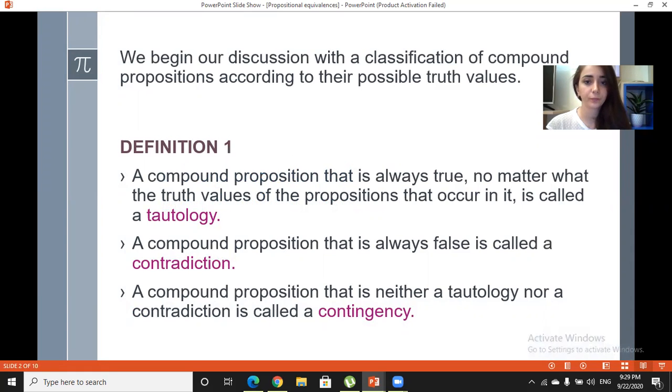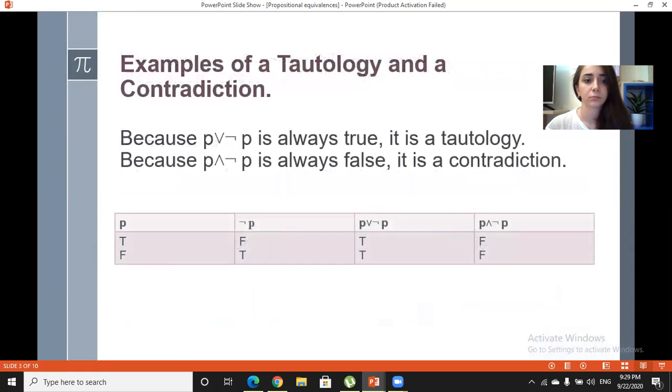So, examples of a tautology and a contradiction. We know that P disjunction negation P is always true. Yes, if P is true, then negation P is false, as you see from the slide.